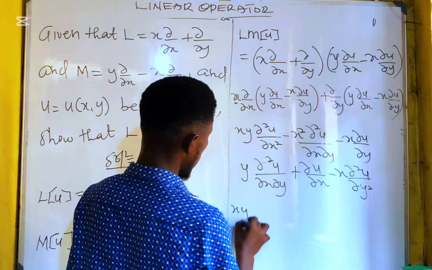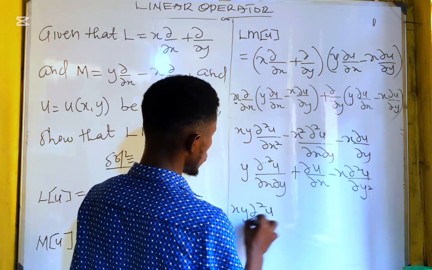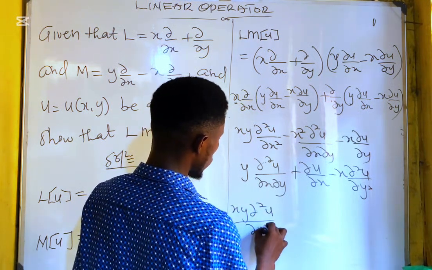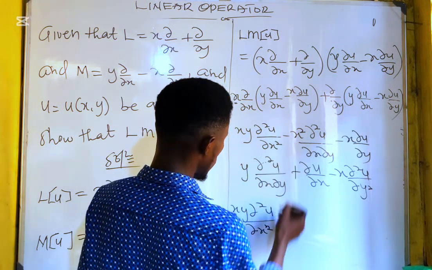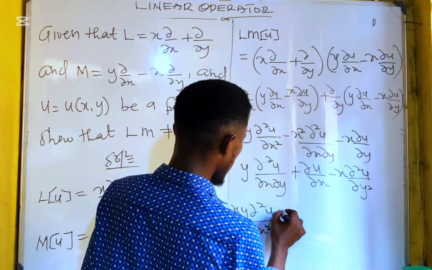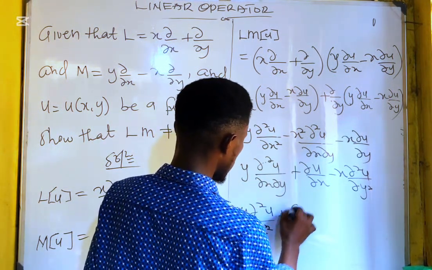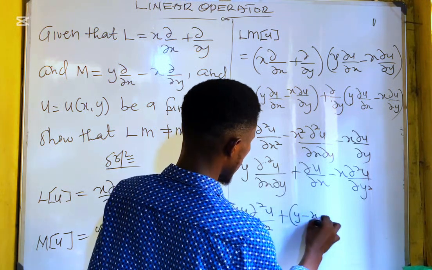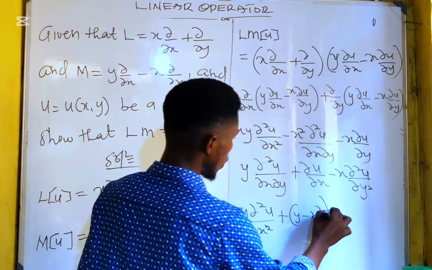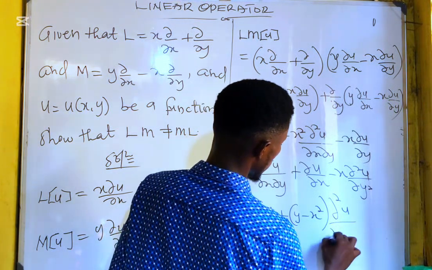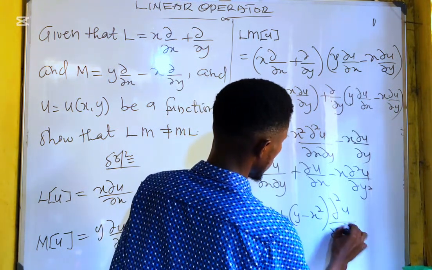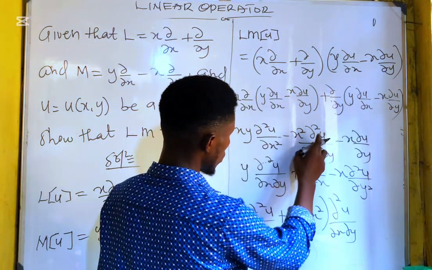This is xy ∂²u/∂x². Then this and that you can put together. So that will be plus (y minus x²) ∂²u/∂x∂y. So this and that.